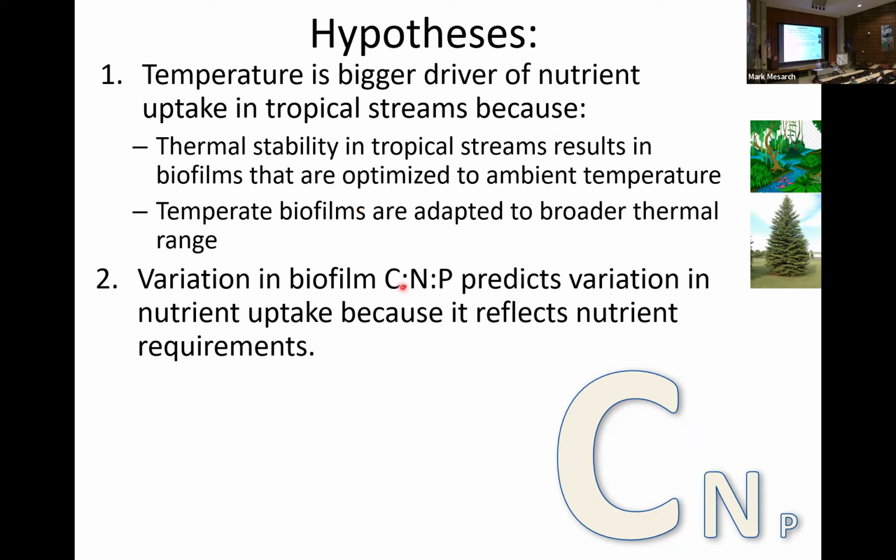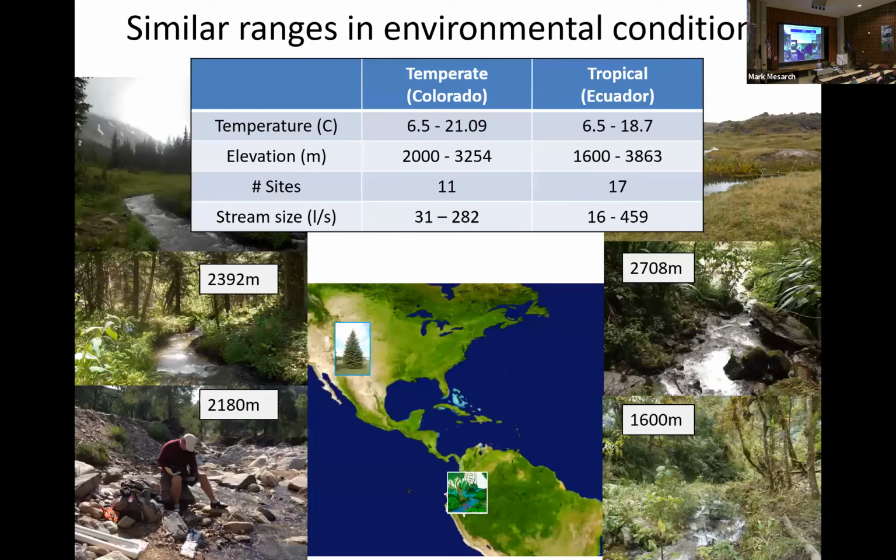And the second hypothesis associated with this project was that variation in biofilm carbon to nitrogen to phosphorus ratios predicts variation in nutrient uptake because it reflects nutrient requirements. So you can see on the map here, we were working in the Front Range of Colorado and in the Ecuadorian Andes. And this chart just shows that these different sites have different ranges in environmental conditions across the elevation gradients between tropical and temperate streams.